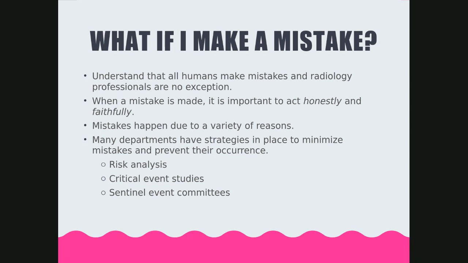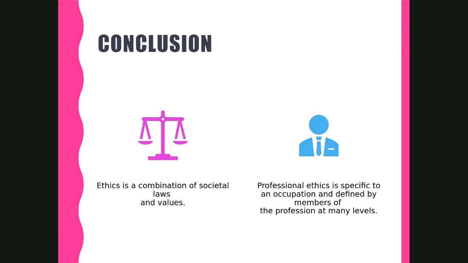I would say that in our field, I'm not going to tell you that there are never mistakes made with regard to ethical conflicts, but it is not something that we tend to deal with a lot. In conclusion from this chapter, ethics is basically a combination of societal laws and values.